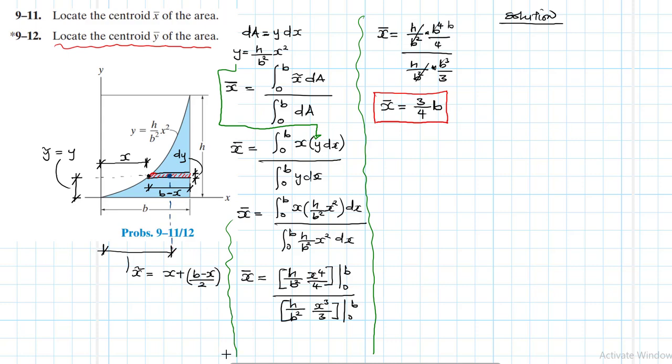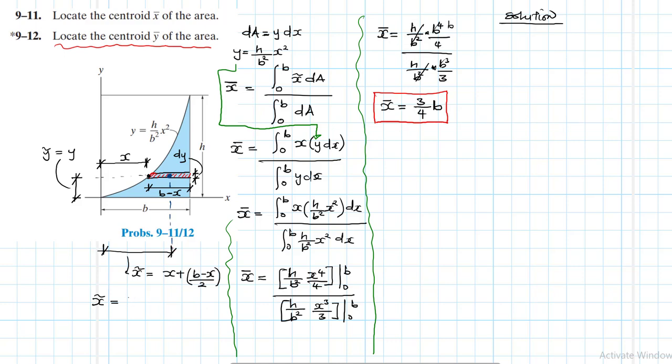Okay, so now we can simplify this further. So therefore our x bar, if we simplified it further, our x bar therefore becomes equal to, we want to simplify this part here, okay, all right, sum it up and so on.